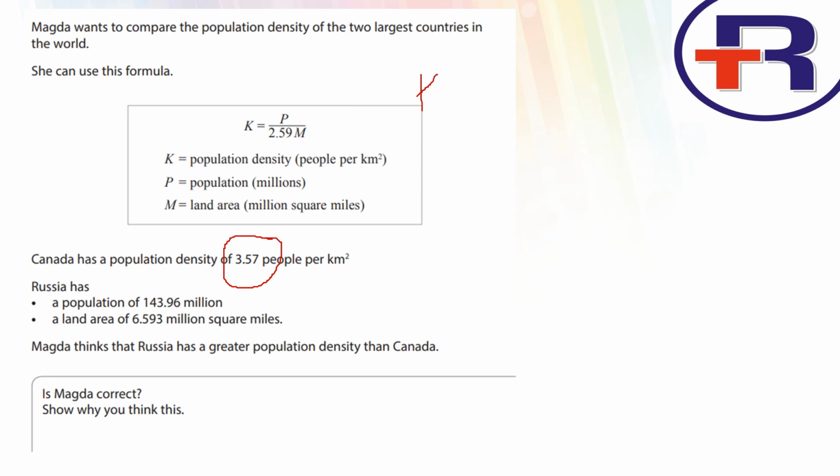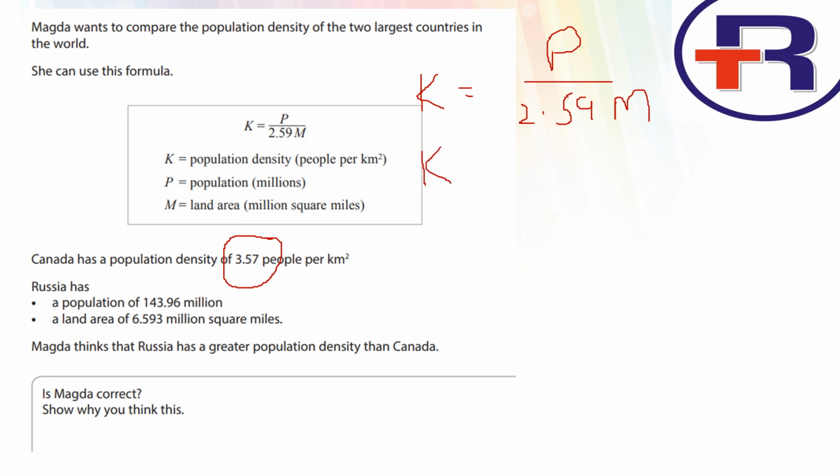K equals P divided by 2.59. Let's change those letters for numbers.